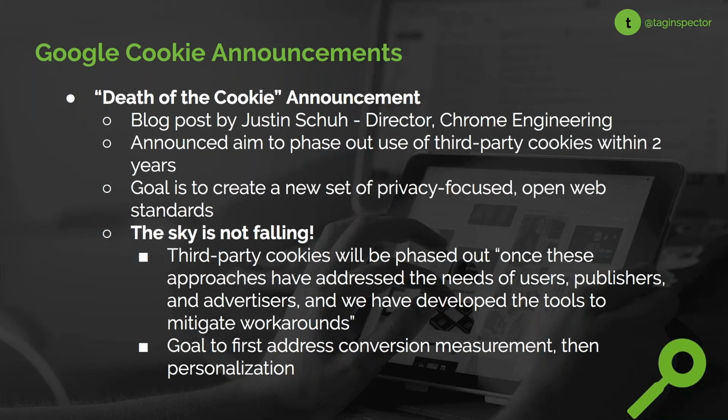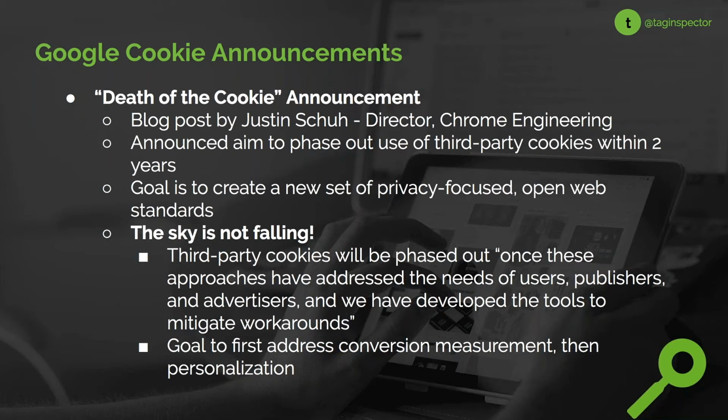As far as the stated goals for what is being focused on here, the first is to address conversion measurement, which is a big one. Attribution is very significantly impacted by these cookie restrictions, because it becomes very difficult to even track an individual user across different impressions where they've maybe viewed different ads across the web, as well as where they click through and maybe convert in a later session.